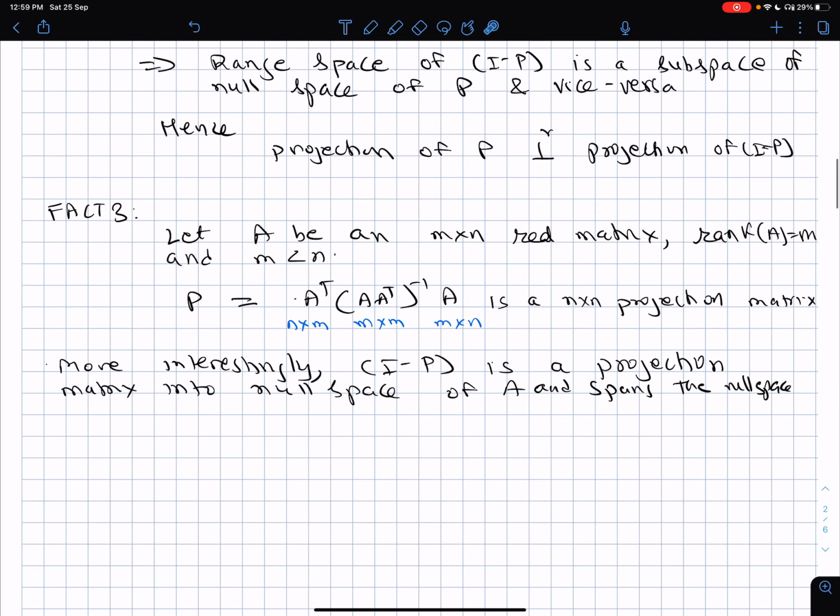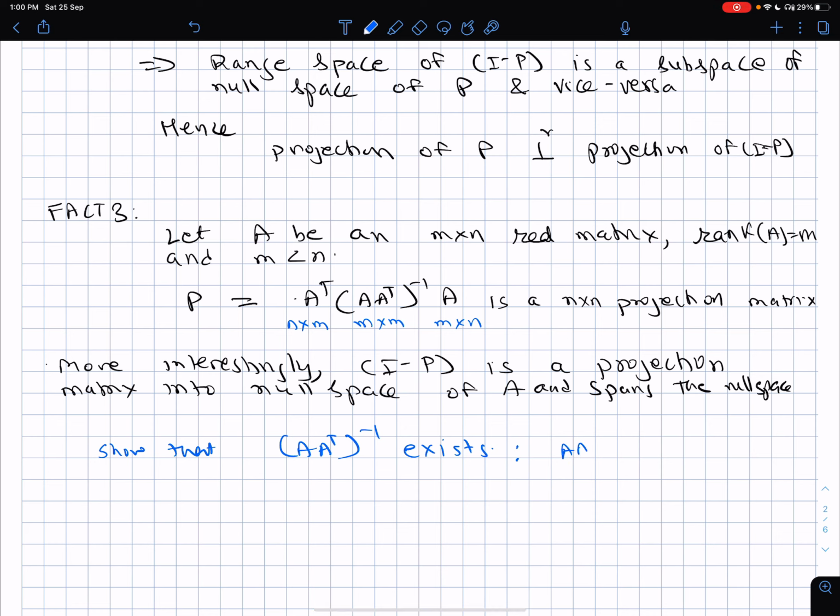And how do you show that this is a projection matrix? First thing is, show that AA transpose inverse exists. First of all, you should show that. For that, I am not going to do that. I may have done it earlier, or you can do it yourself.